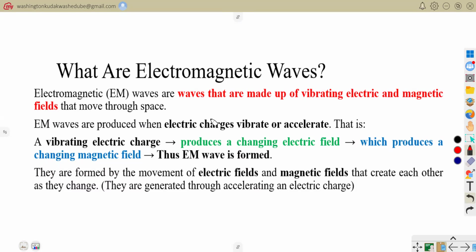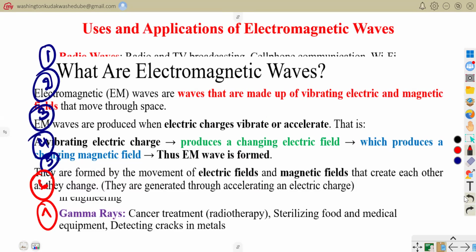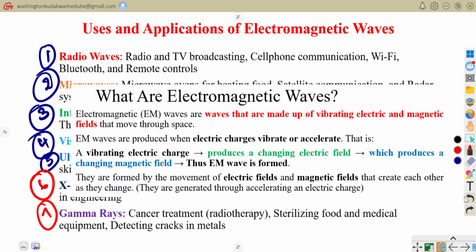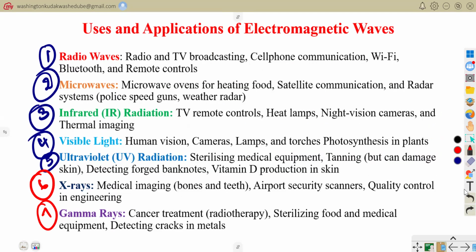So wherever electric charges vibrate or are accelerated, we generate electromagnetic waves. If that is the case, then how do we apply electromagnetic waves in our lives?